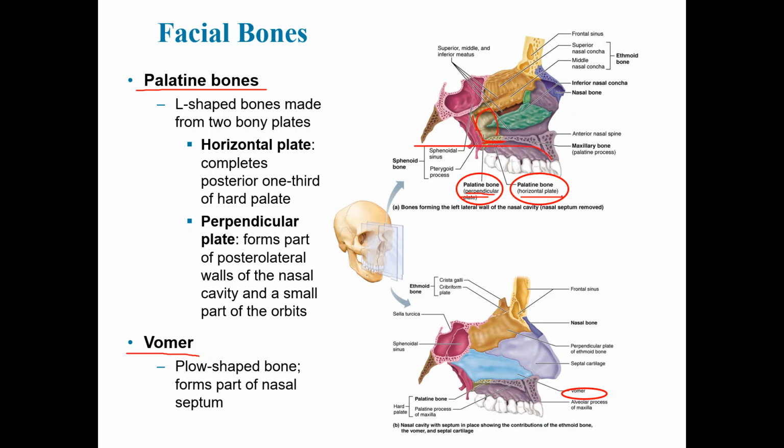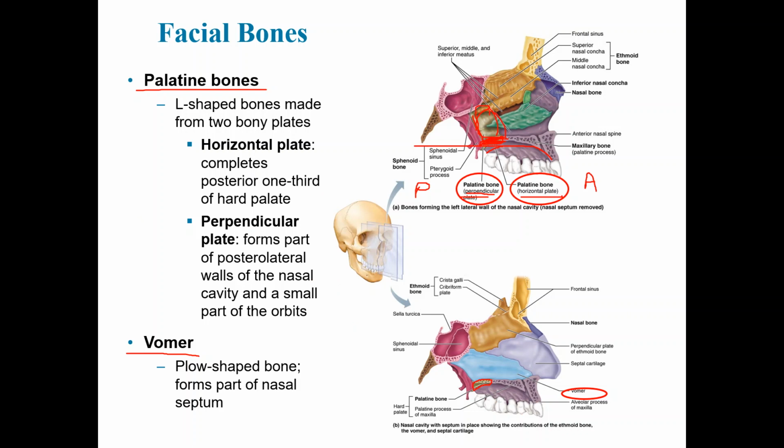You see the palate here? So this is the anterior and this is the posterior part, so you understand it completes with this green. I'm sorry, I'm actually over here maybe, okay? The third posterior part of the palate, of the hard palate, and the perpendicular plate form part of the posterior lateral walls of the nasal cavity.